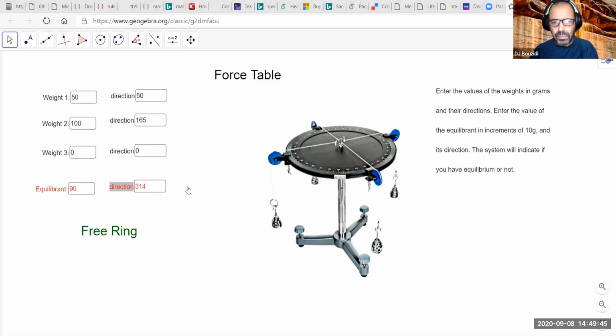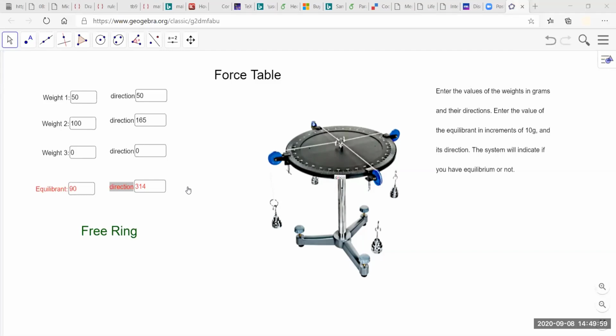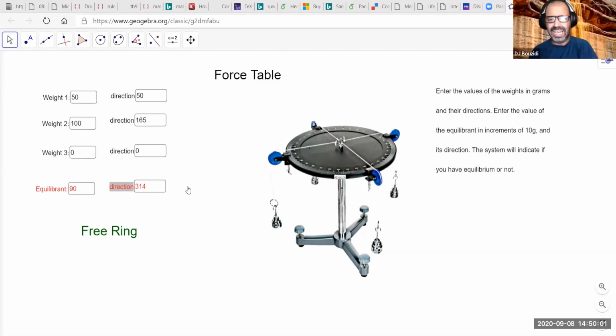In here, the sum is 100, so I'm going to leave 100 and not play with this one. For the direction, I add 180 to 300, which would be 480 degrees. I cannot go more than 360. So instead of adding 180, I subtract 180 from 300. Remember, I have to stay within 360.